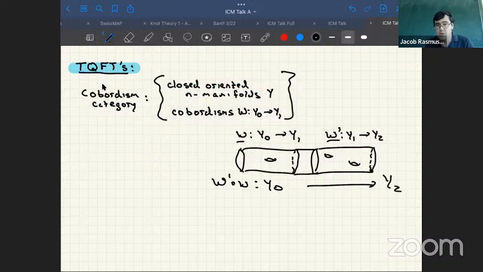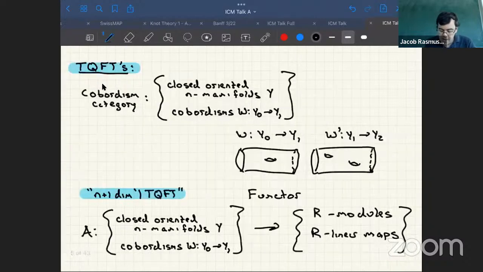So that's what composition in the cobordism category is. And now an n+1 dimensional TQFT is some sort of a functor from this cobordism category of n manifolds and n+1 dimensional cobordisms to the category of, let's say, R modules and R linear maps, where R is maybe something like a field or Z typically.